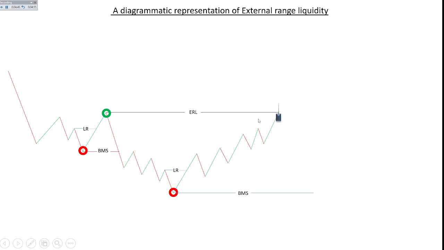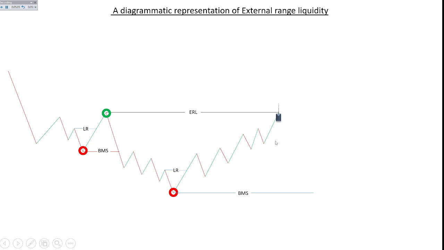They might be looking at the market attempting to change sentiment, whereas it might be acting as an external range liquidity, and so you trade accordingly. If you have no confirmation, you shouldn't trade it.